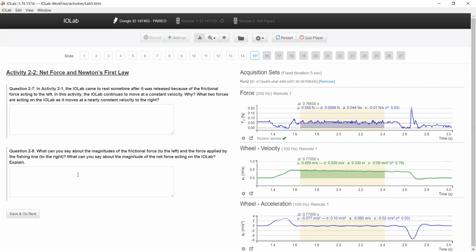If there is some net force, there is going to be some acceleration. You might see some force here, but the net force applied to the IOLab has to be zero to have zero acceleration. So the magnitudes have to be equal but in opposite directions so that they cancel each other out. Go ahead, write your answers and move to the next slide, clicking on 7, go next.